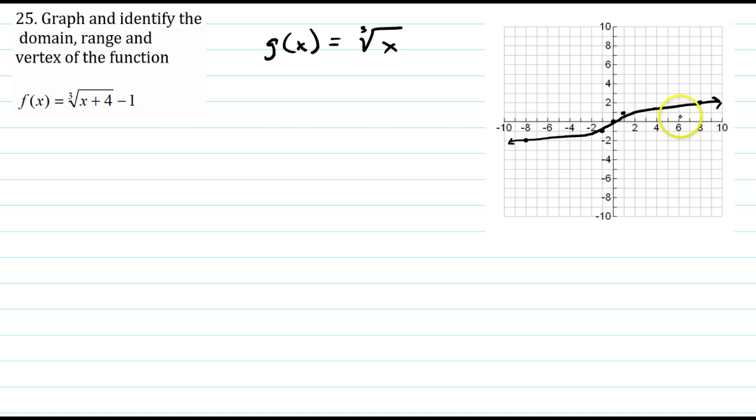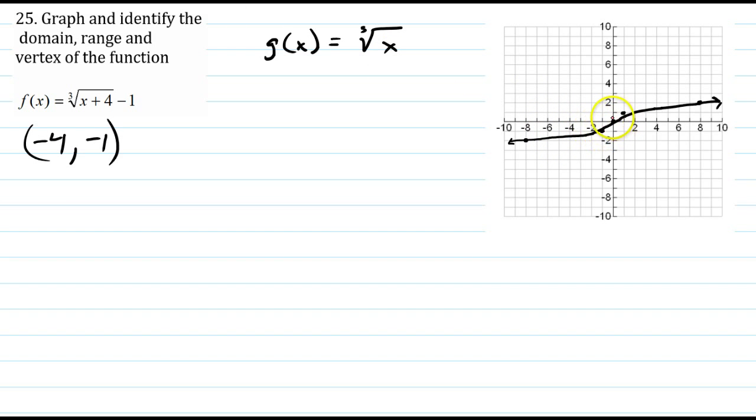And so the reason I want to have those dots on there is so now I know my center is going to be moved at negative 4, negative 1. And so basically all these dots get shifted 4 to the left, 1 down.